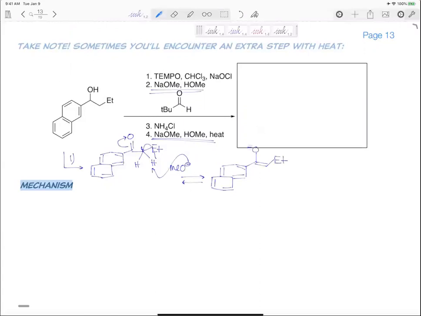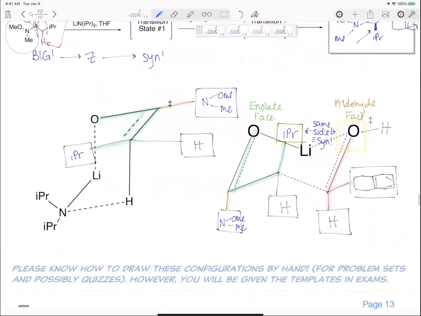Okay, and don't worry about the stereochemical outcome for this because it's not LDA. So it does not go through the Zimmerman-Traxler. This only applies to LDA. Please take note, you cannot do NaOMe and her homies or something in here. It won't work.